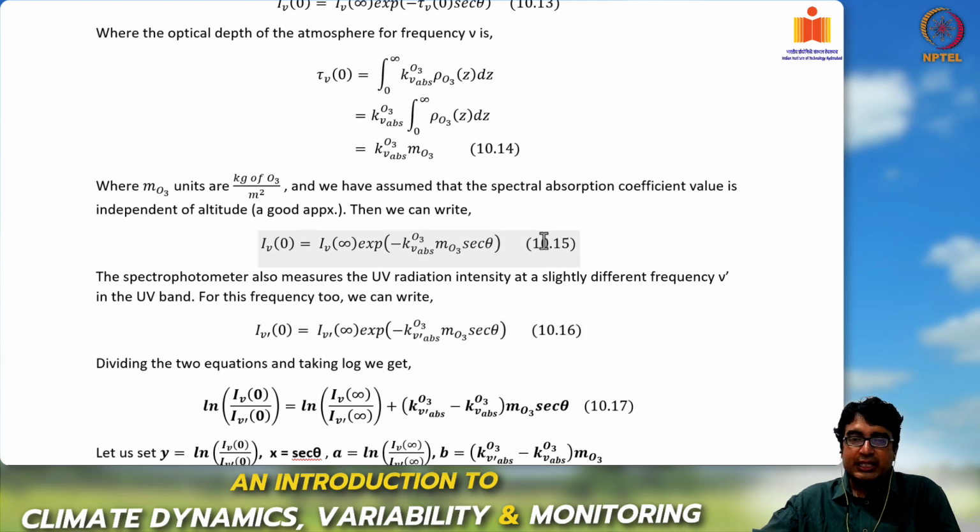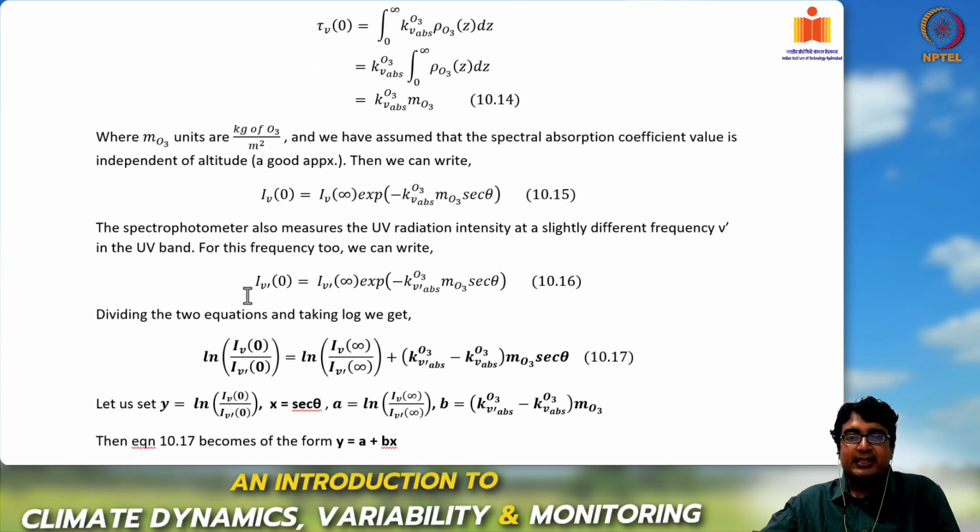So we get equations 10.15 and 10.16. Now we divide these two equations and take logarithms. So natural log of I nu 0 by I nu prime 0 equals natural log of I nu infinity by I nu prime infinity, and when you take log of exponential, this just becomes this expression here.